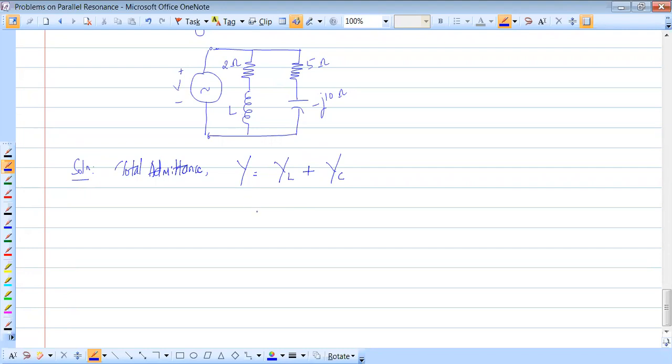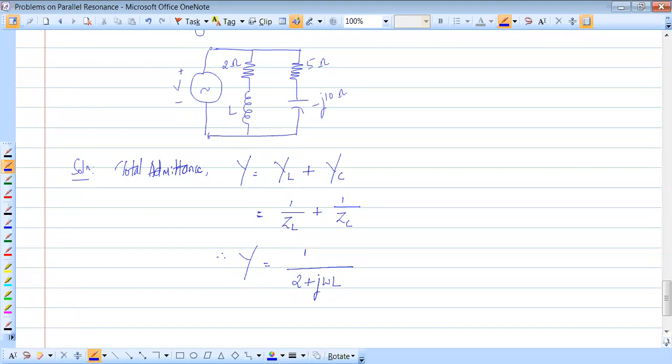Fine. So let's directly do it here itself. What is YL? YL is 1 by the impedance ZL, plus 1 by the impedance of the branch where C is connected. So our Y is going to be 1 by 2 plus j omega L. You will understand that this is the impedance.